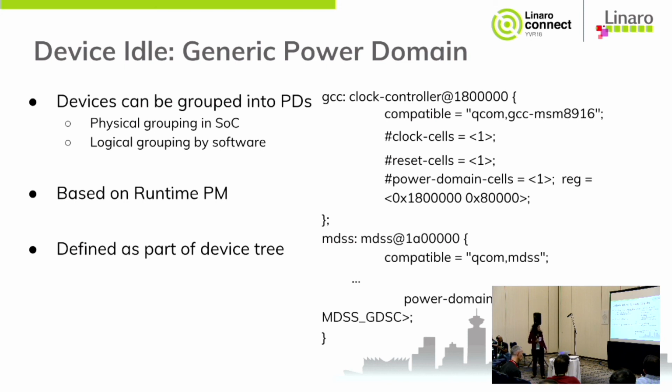It is based on runtime PM, as in the device drivers need not call directly into the framework. Typically there are a few special cases, but device drivers need only do a runtime get or a runtime put, and the rest of it gets taken care of internally. The power domains are specified and defined as part of the device tree.